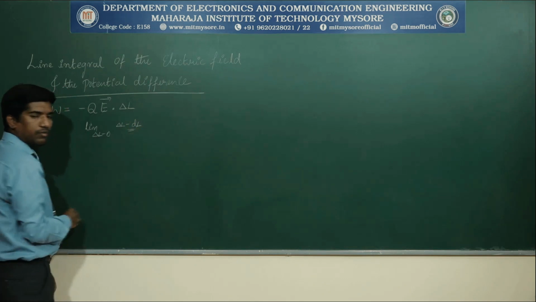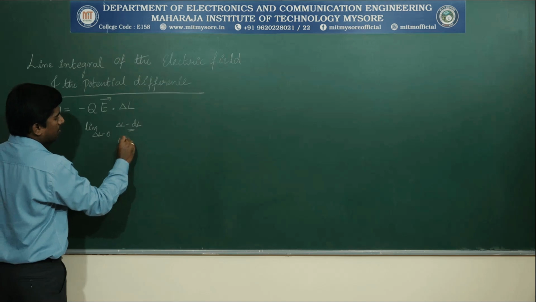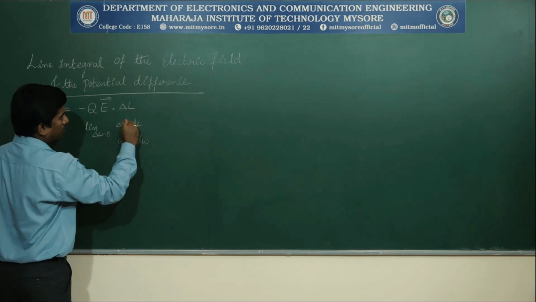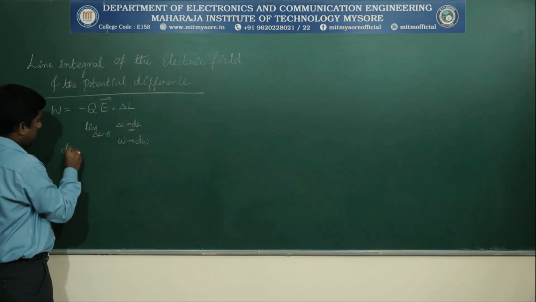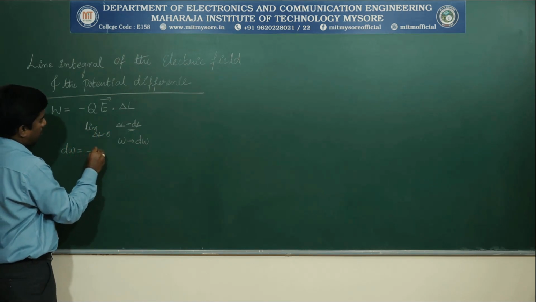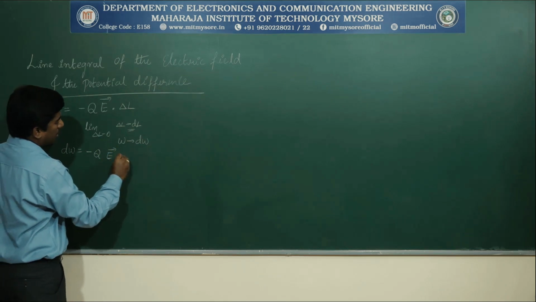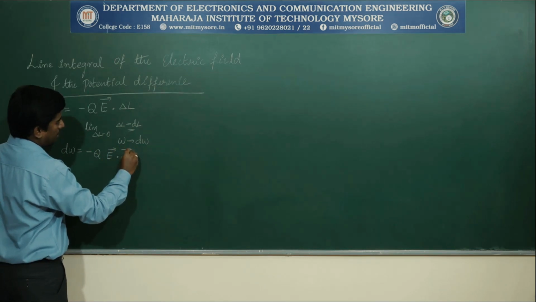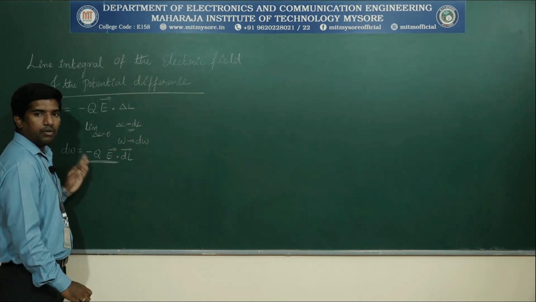This is what we have used so many times. Then W becomes dW. Work done becomes differential work done, that is dW is equal to minus Q into E dot dl. This is another useful relationship you need to remember.